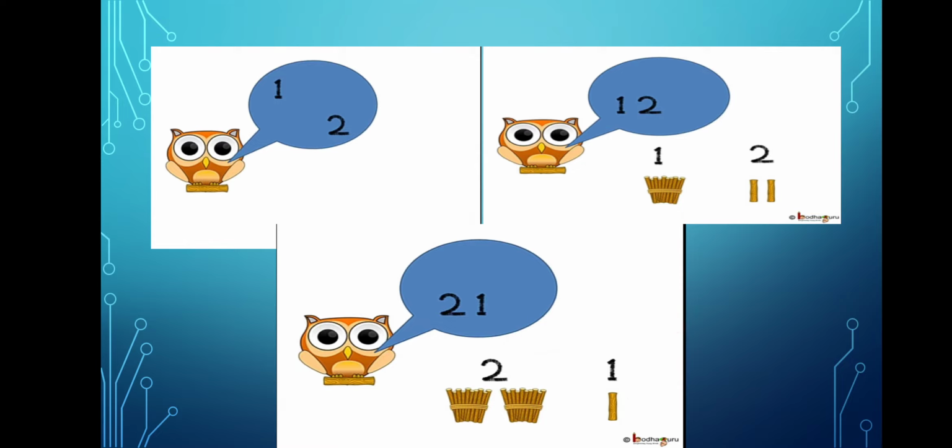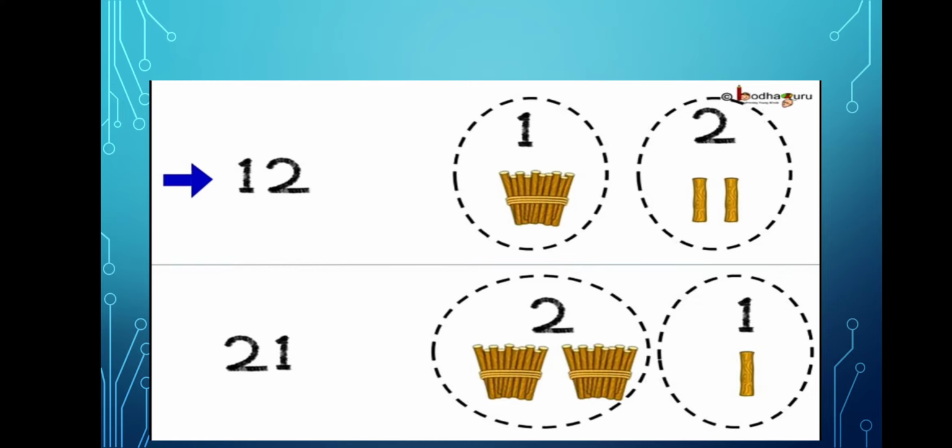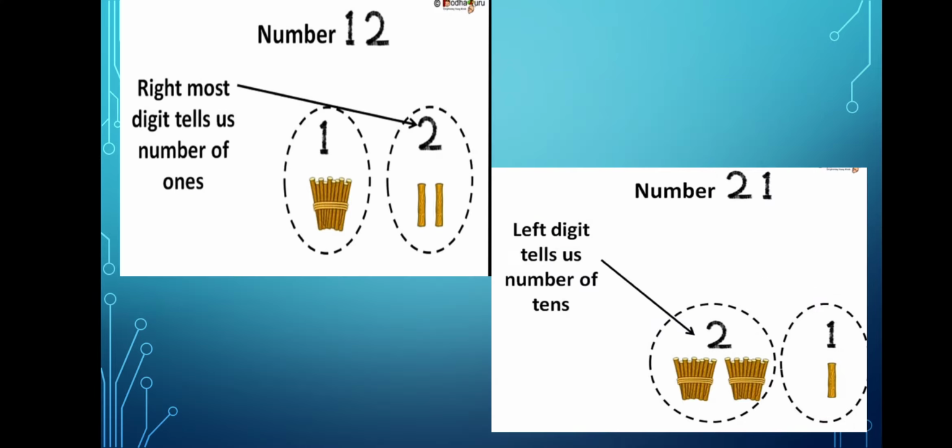Okay. 12 and 21 both have the digits 1 and 2. Then why are they different? Look. In 12, 2 represents 2 sticks and 1 represents 1 bundle of 10 sticks, and in 21, 1 represents 1 stick and 2 represents 2 bundles of 10 sticks. See here carefully. The digit on the right tells us the number of loose sticks.